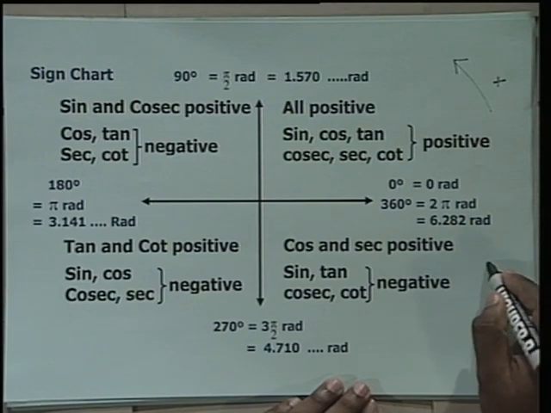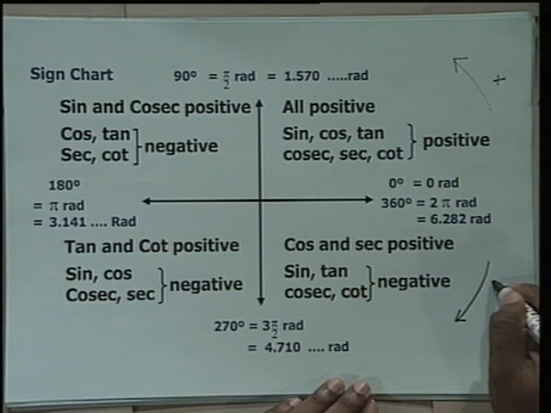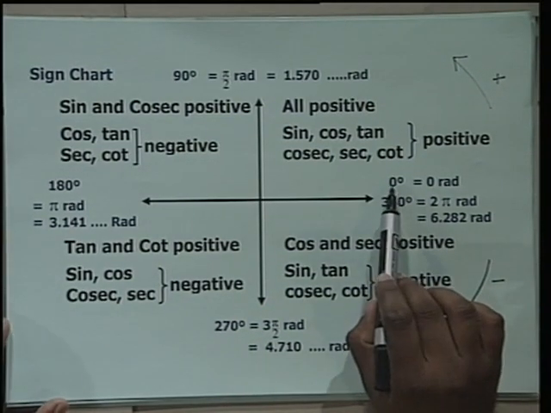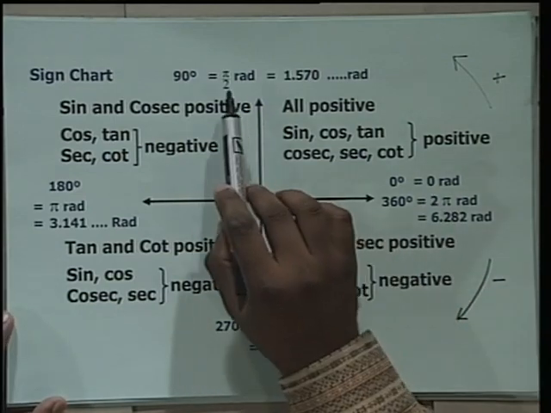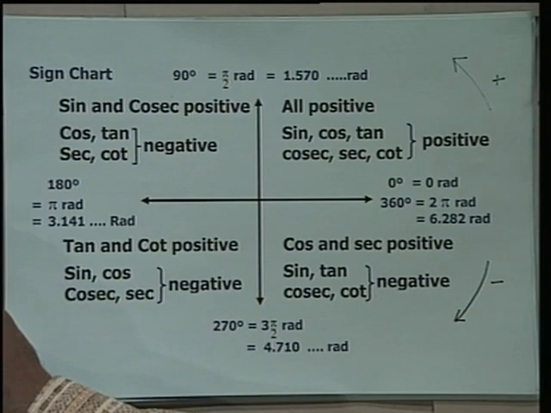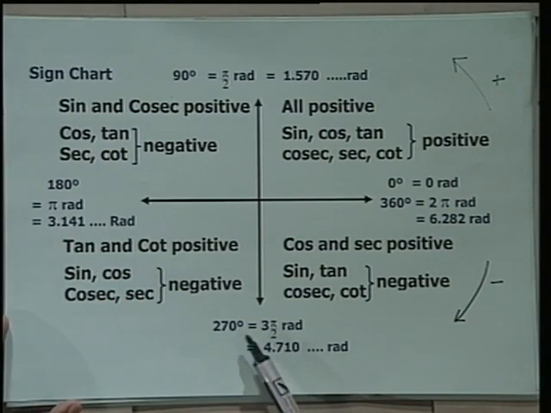Angles measured in a clockwise direction from horizontal are taken to be negative. And we have labeled the axis as 0 degrees or 0 radian, pi by 2 radian or 90 degrees, 180 degrees or pi radian, 270 degrees or 3 pi by 2 radian.